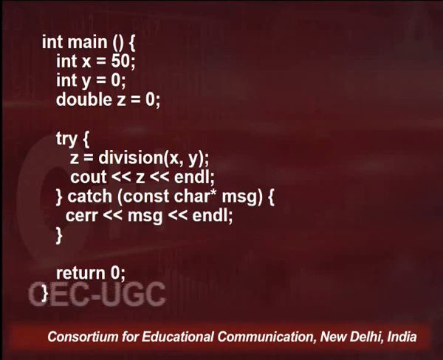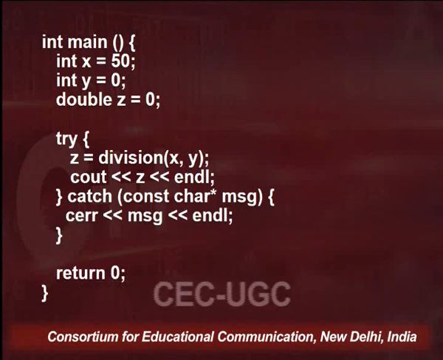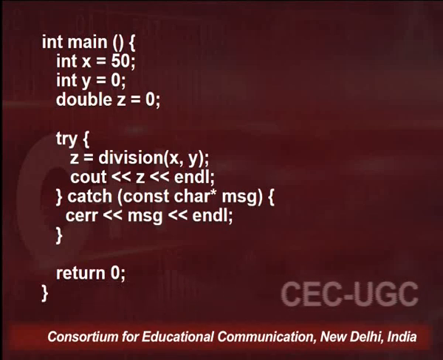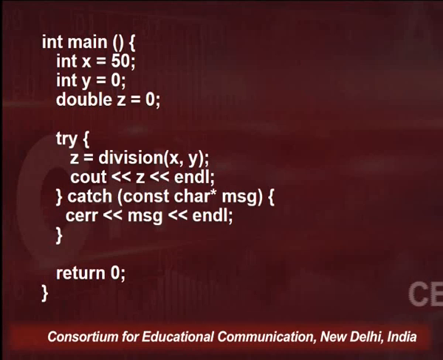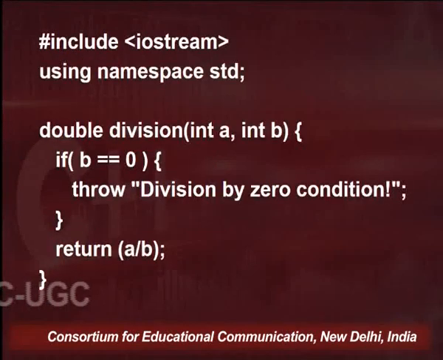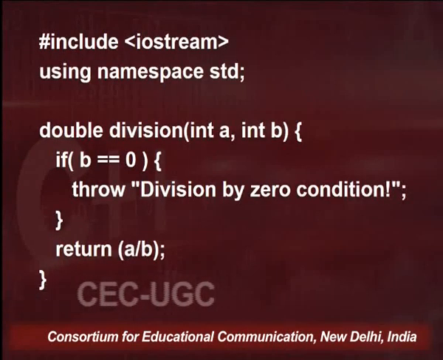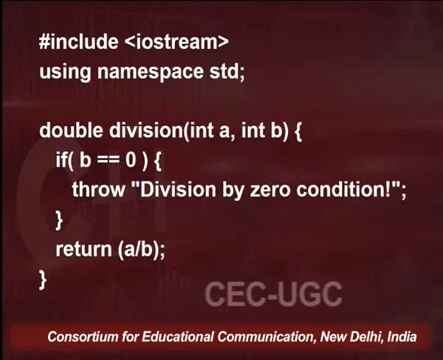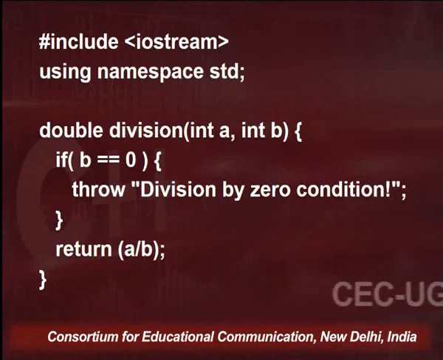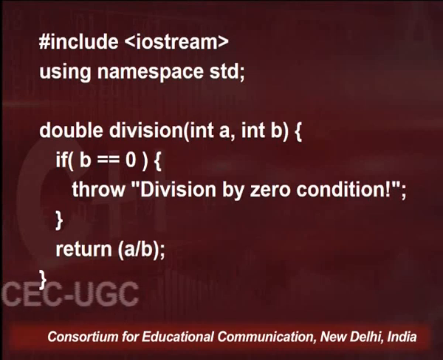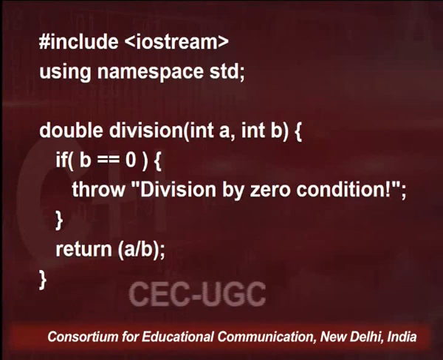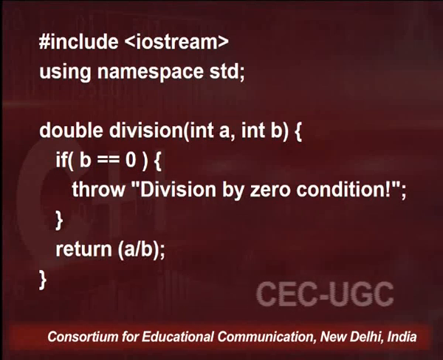It will take that particular catch, and the variable msg is going to get the value from the exception. The exception is "division by 0 condition", which is written inside double inverted commas, which means it is a string. So throw is basically a constant character pointer message, or a string.